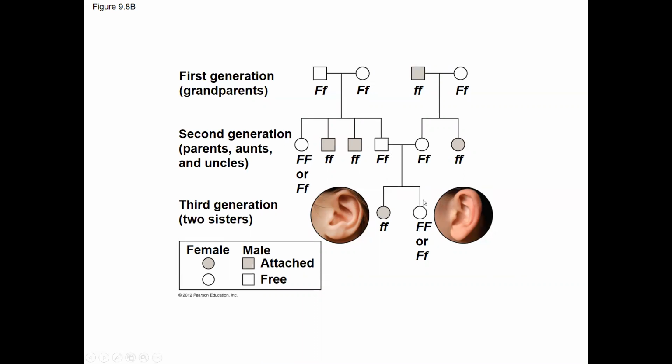And so they have children, and their children are showing 2 different phenotypes. One is showing the attached earlobe, which we know to be recessive, fully recessive, and one has the detached earlobe, which we know means they must have one dominant allele. So we don't know for sure if she is homozygous dominant or heterozygous until she has offspring of her own.